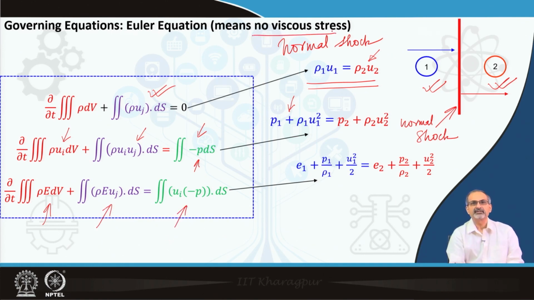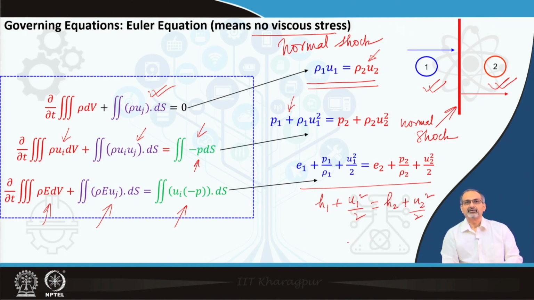There are no viscous stresses because we are handling the Euler equations, and therefore, the energy equation boils down to this, which can also be written as this in terms of the enthalpy, and which means that the stagnation enthalpy is conserved across the normal shock. So, these are indeed very important forms of equations that we should always recall when we move along the course.